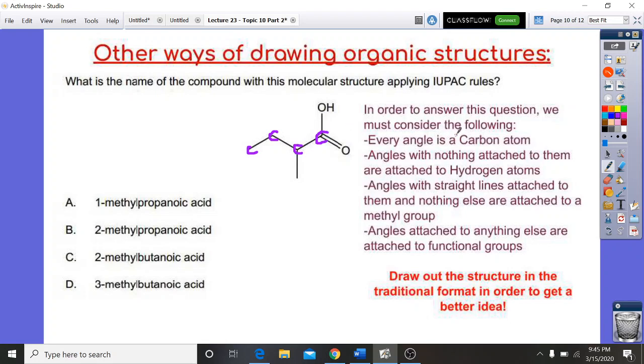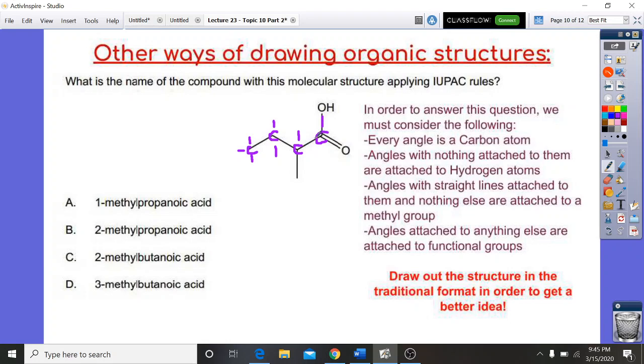Great. Angles with nothing attached to them are attached to hydrogens. So that means we have H, H, H, H, H, and then here we have an H popping up here. This one has this hydroxyl group connected to it.